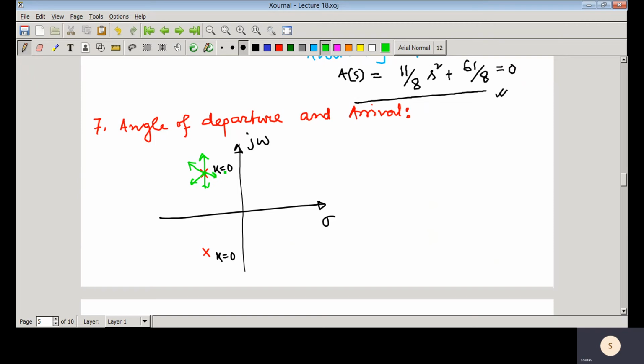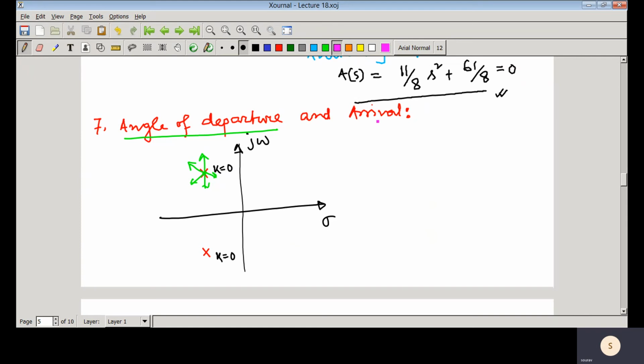So we need to know along which direction these closed loop poles will be moving. That particular concept is called the angle of departure. That is the angle along which the closed loop pole moves away from the complex conjugate pole as we increase the value of k.